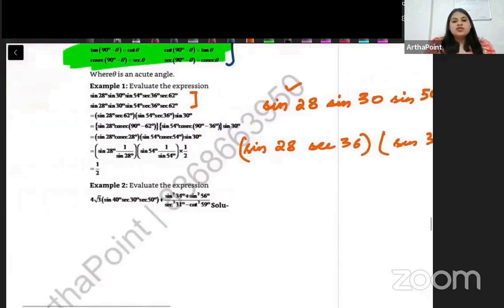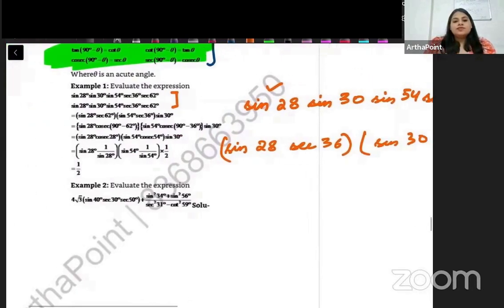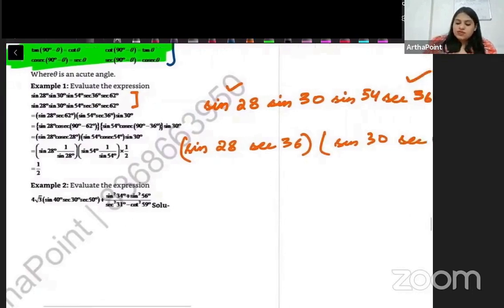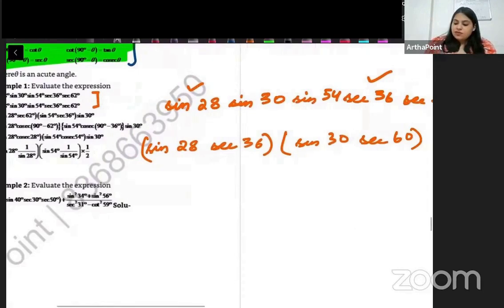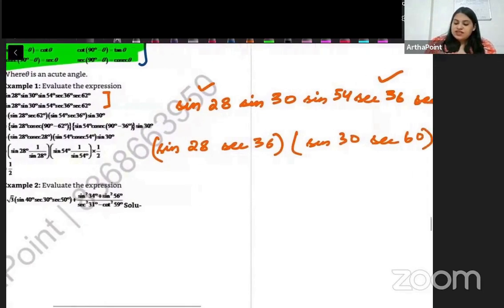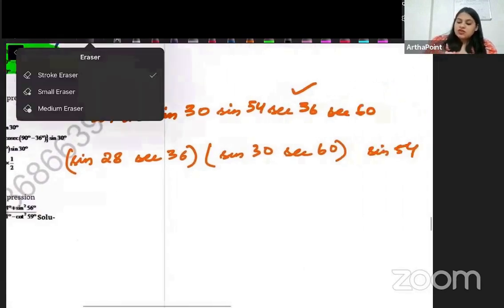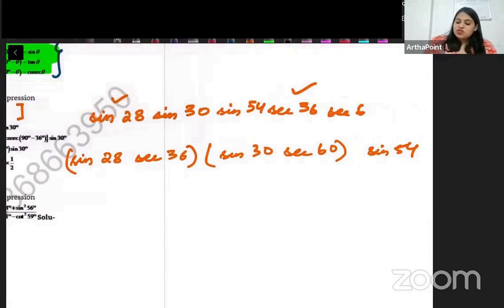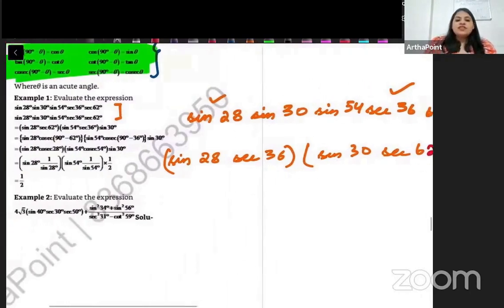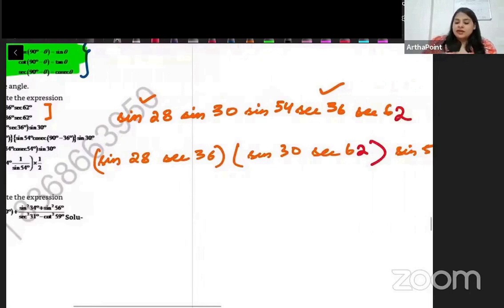Let me write it like this. Oh, sorry, this will be 54. Sec is 62, sorry. Sec is not 30, 60. This is 62. So if it is 62, then with 62, let me just bring in 28.